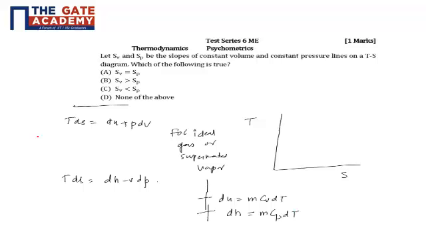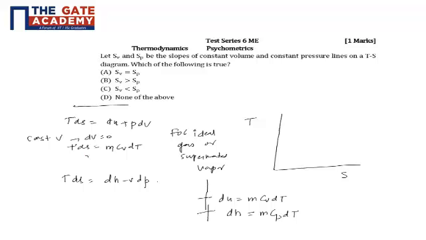Now I'll use this equation for constant volume. For constant volume dV will be 0 and this equation will become TdS is dU, which is mCv dT. Now you can substitute mCv dT for dU only when you have the ideal gas and the superheated vapor. So why am I using this?